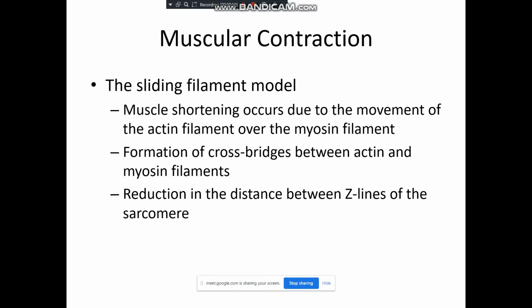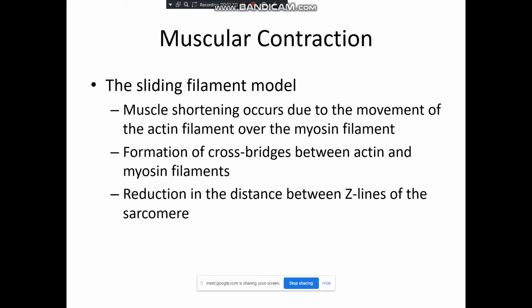If I want to explain what exactly is meant by the sliding filament model in a nutshell, it is nothing but the sliding over of actin and myosin filaments, which brings the contraction. Once they slide over, that becomes the contraction, and once they stop sliding, that is the relaxation. This is the principle lying behind this model, hence the name sliding filament model.